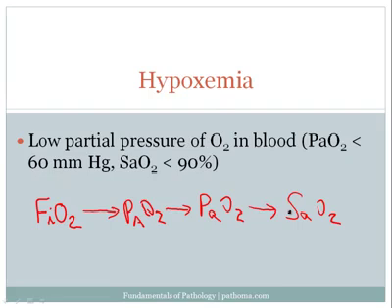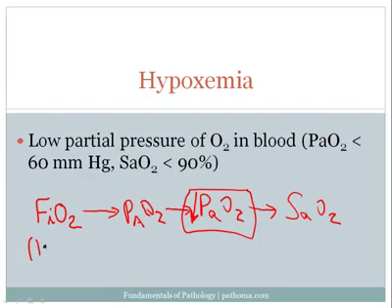Now, hypoxemia, as I've already told you, refers to a low PaO2. So really, this number would be low. But you can see that what actually feeds the PaO2 is the FiO2 and the PAO2. So any change in the early phases of this sequence would also decrease the PaO2. So let's take some common examples.